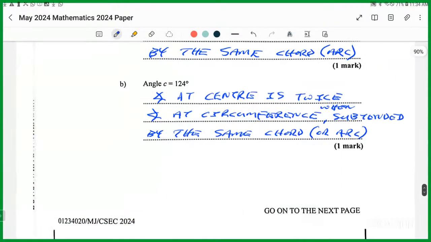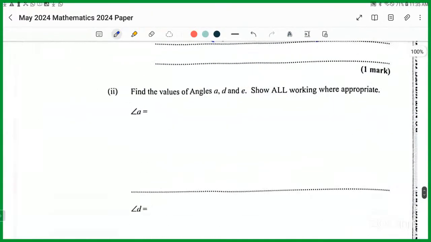And I'm just going to write the reason. Since I should show working, the working really is the reason. So this angle is 62 degrees.